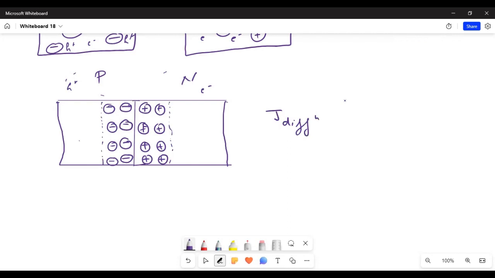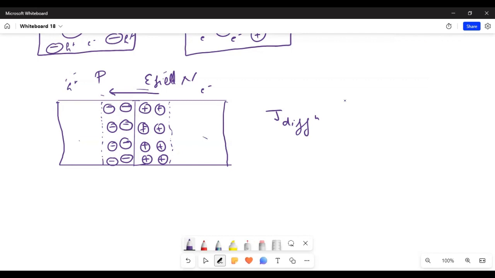And you see there are now immobile positive and negative ions, so there will be an electric field. The direction of this field opposes the movement of holes that were earlier going because of the concentration gradient. Similarly, this electric field opposes the movement of electrons.